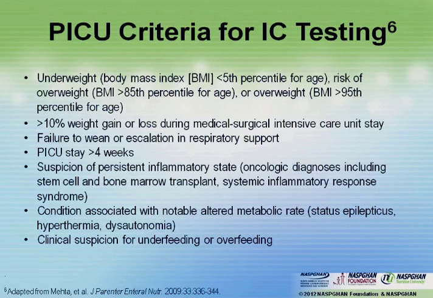So who should you use this type of testing for? ASPEN actually came out with some guidelines and recommendations in 2009 about patients who should, in theory, undergo this type of testing.